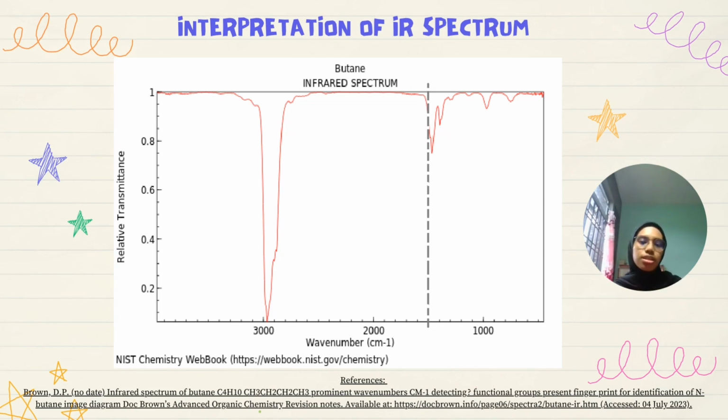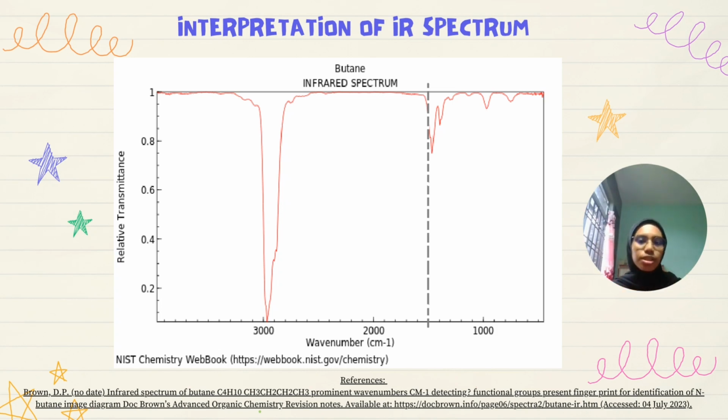So because of its simple and not complicated composition, butane produces an IR spectrum that is much clearer and also cleaner to observe and interpret.